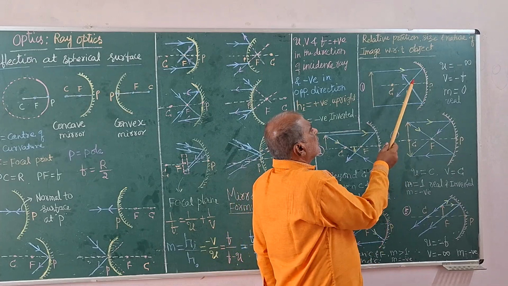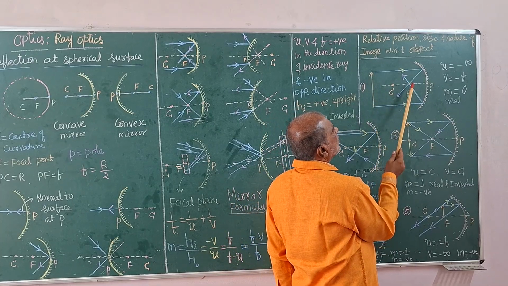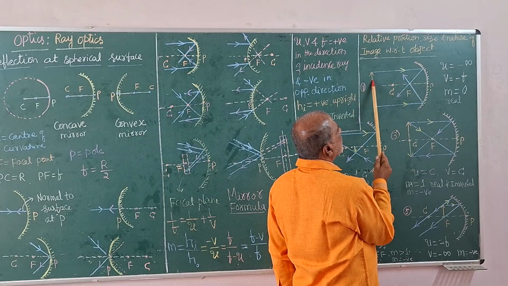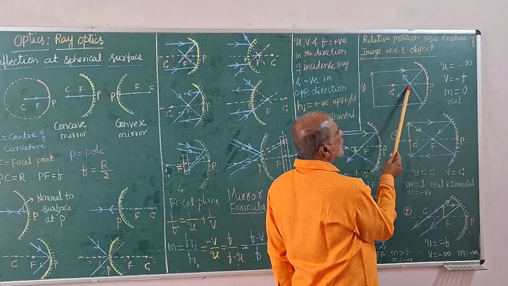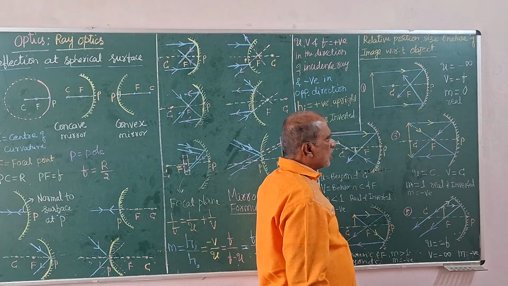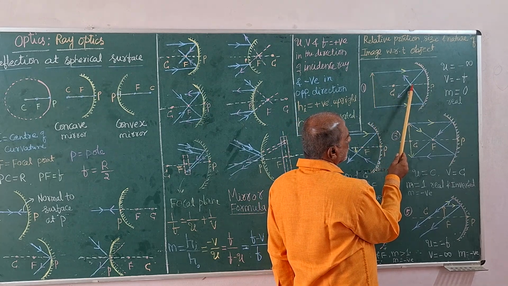But both of them converge at this point. So the image is completely diminished to 0. Magnification is 0. Both points are observable as image at this point only.